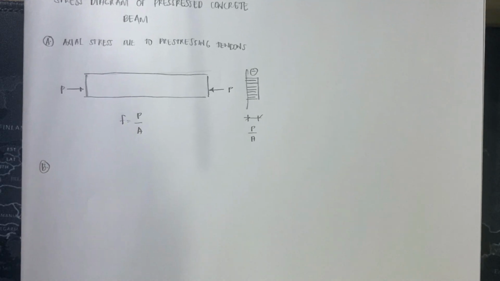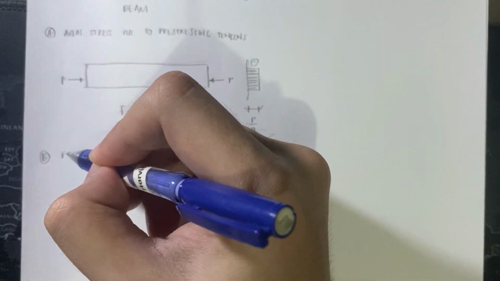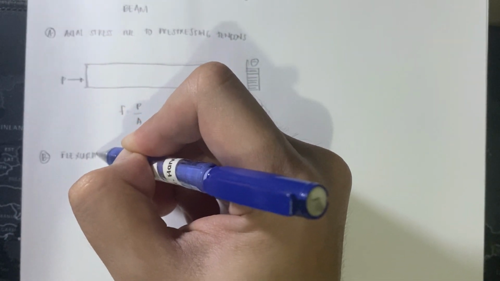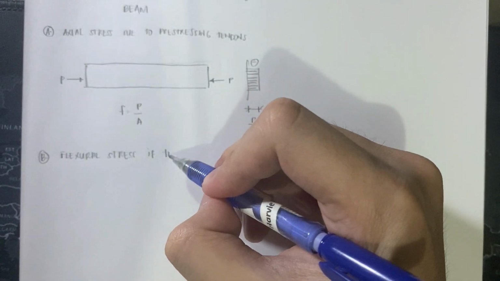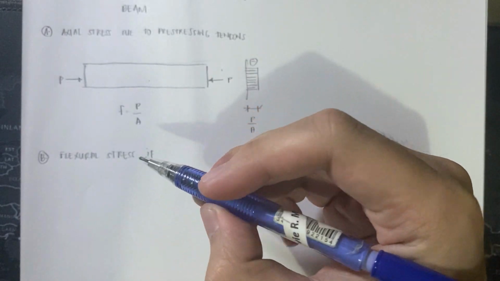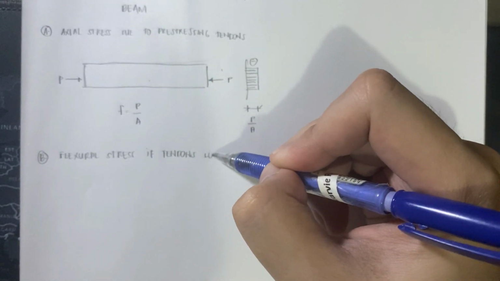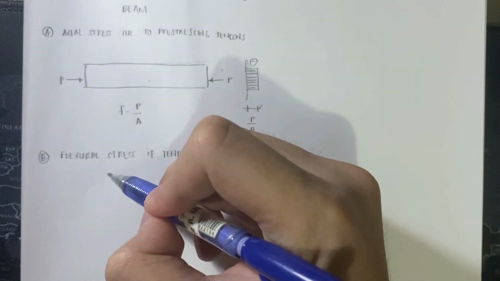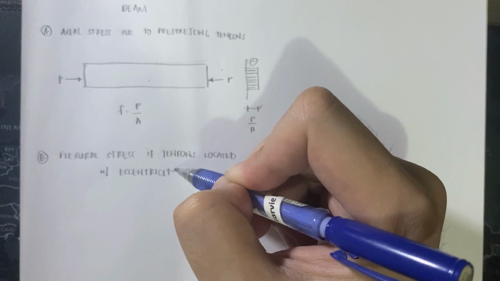The next is the flexural stress. If the pre-stressing tendons are located with eccentricity, meaning they are not at the neutral axis, and your beam is simply supported, we assume that the maximum moment would be located at the midspan.